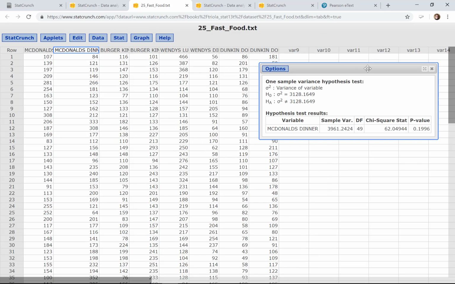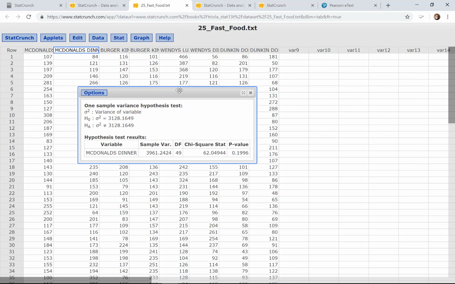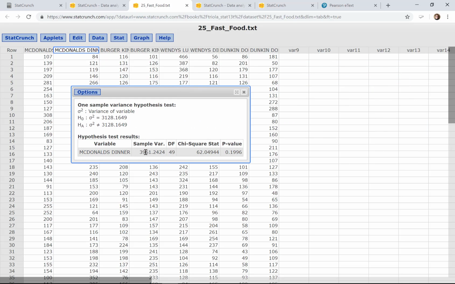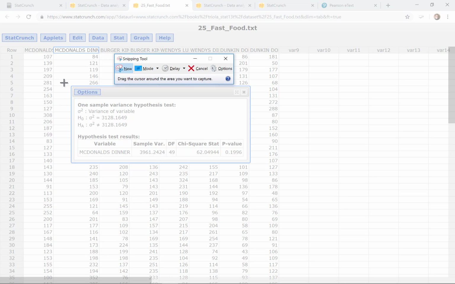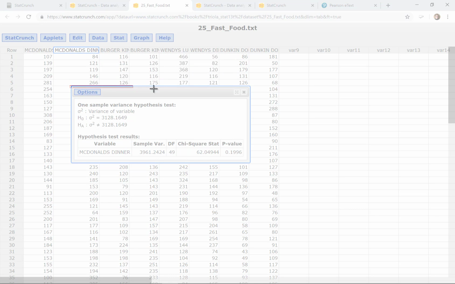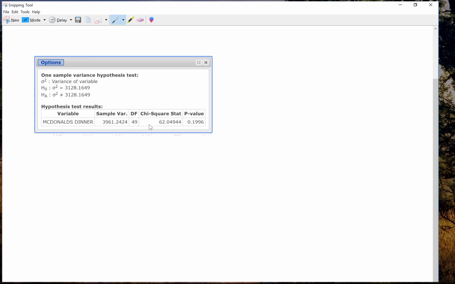So here we get our sample variance, our degrees of freedom, because we had 50 individuals in our data set. You get the chi-square statistic, and there's our p-value. So let's go ahead and snip this. I'm going to try something here.